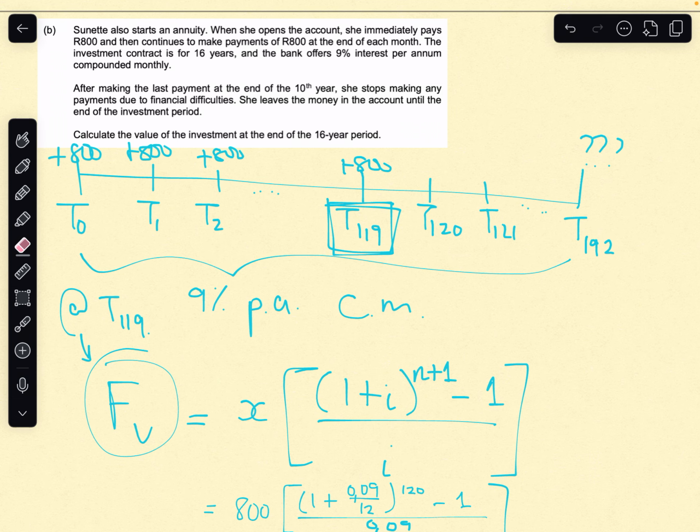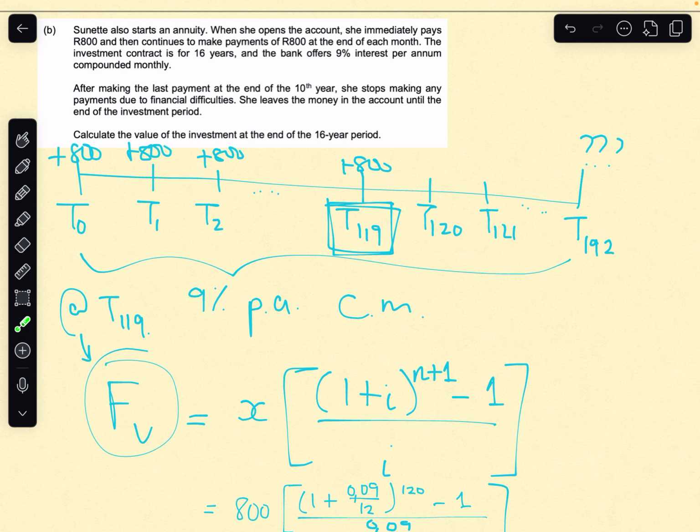I don't even know actually, if in the exam you can ask the clarifying question to say, did she make a payment at the end of the 10th year? So only from the 11th year onwards she did not resume payments, or was her final payment the second last month of the 10th year?